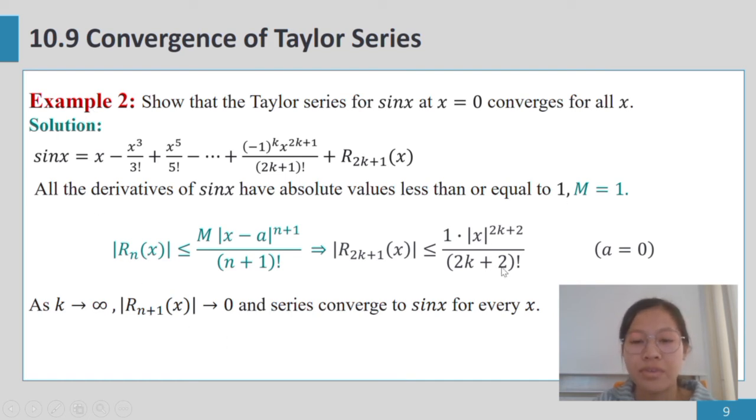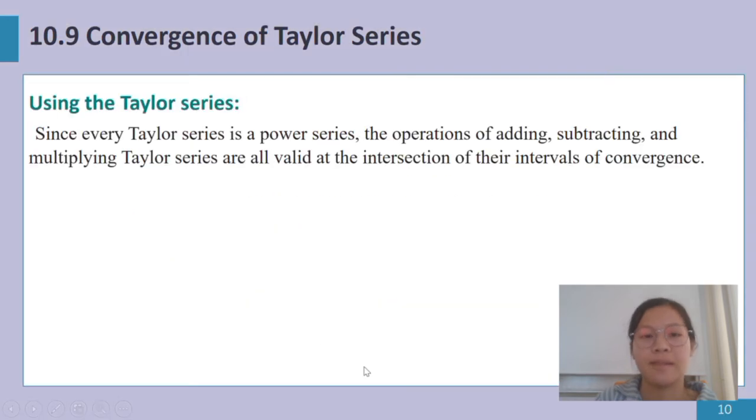You can see that this term gets larger, but the factorial term gets larger faster, so it approaches zero. So we can say that the series converges to sine of x for every x.